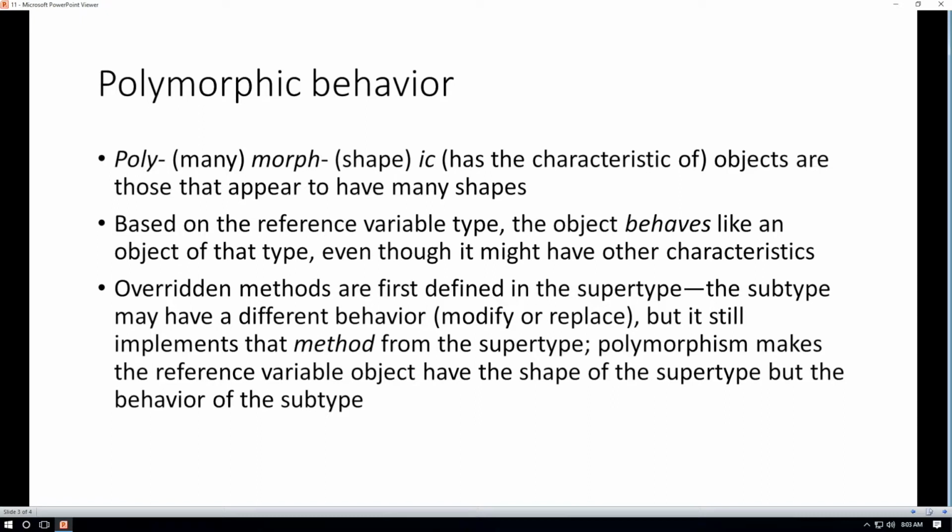Overridden methods are defined in the superclass. The subclass overrides them by adding or replacing the behavior of the superclass. If we call that object as the superclass, we may think, since it's in the superclass role, that we would execute the implementation of the superclass method.